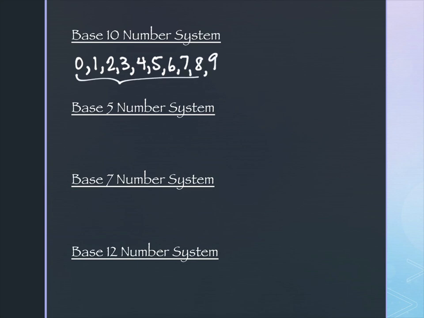So notice, these are our 10 digits. Base 10 has 10 digits, but one of those digits is not the number 10. The number 10 is a 2-digit number, right? There is no single digit, or single numeral is the word I want, in base 10 that's actually 10.